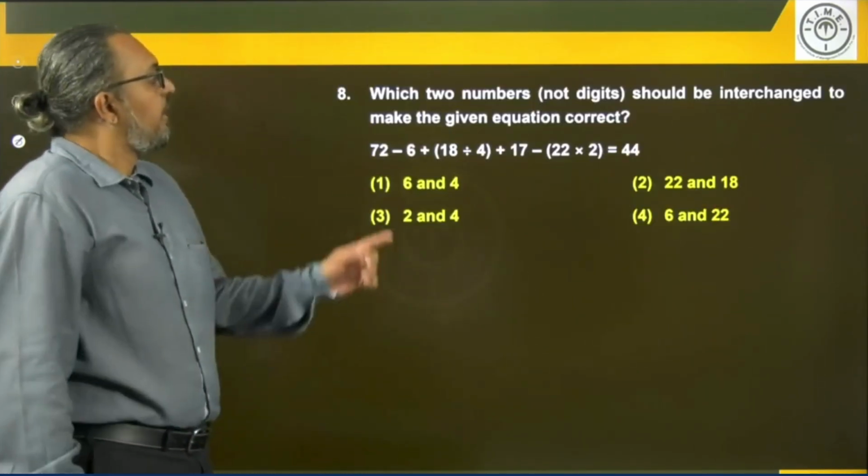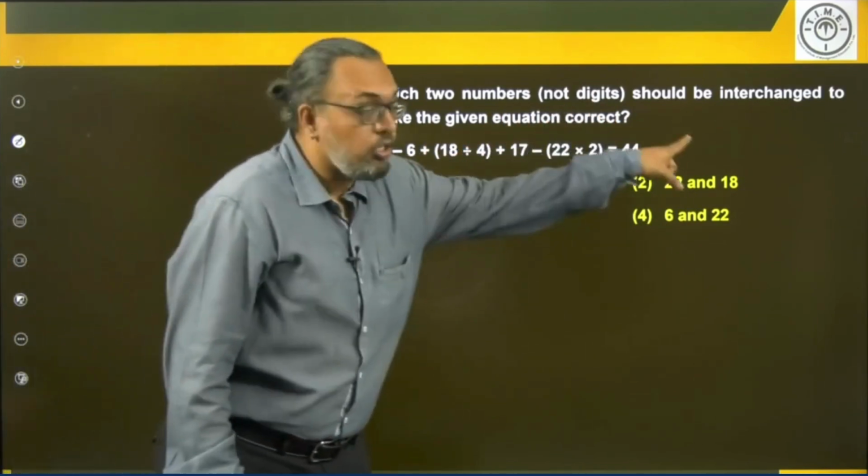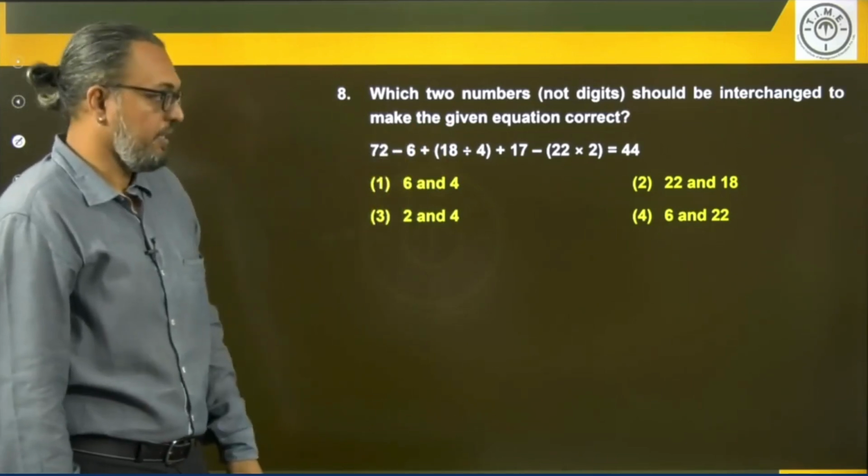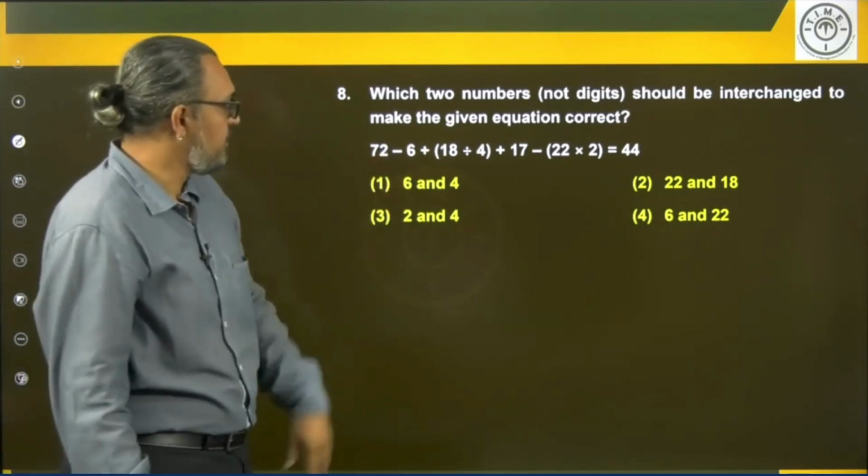Then again, which two numbers, not digits, again numbers should be interchanged to make the given equation correct. Okay. So let's take this.